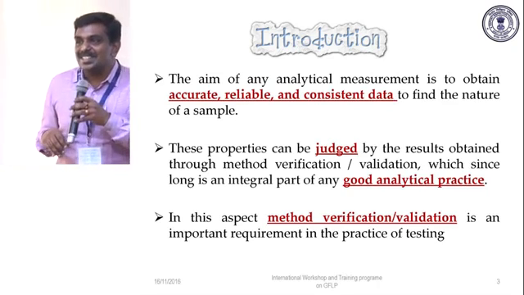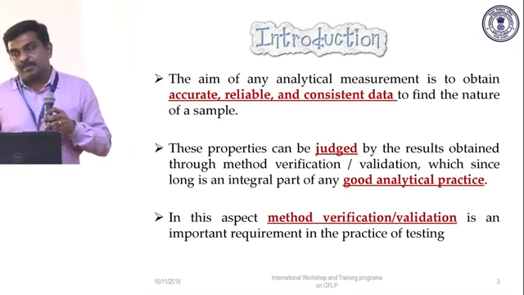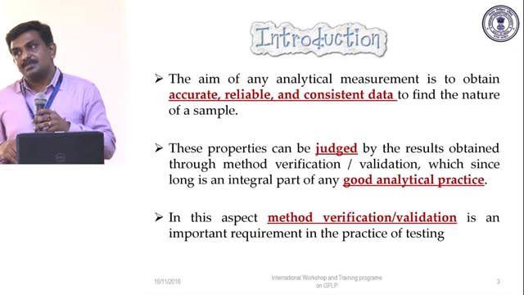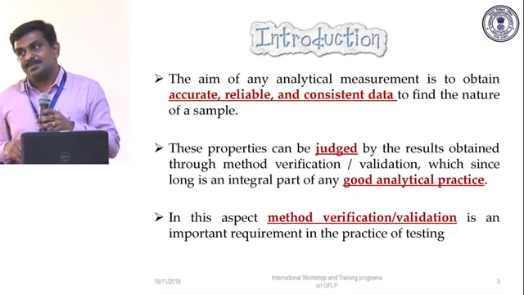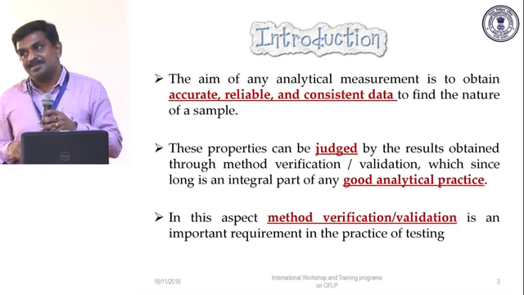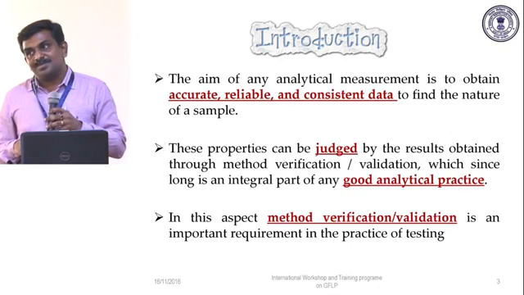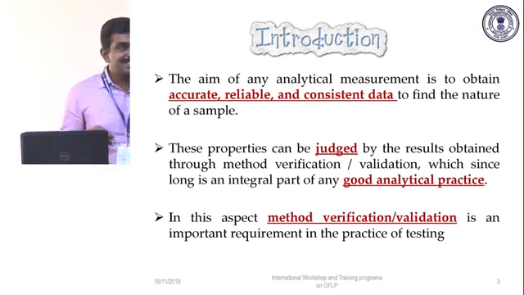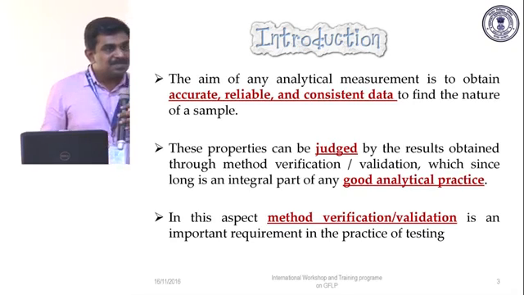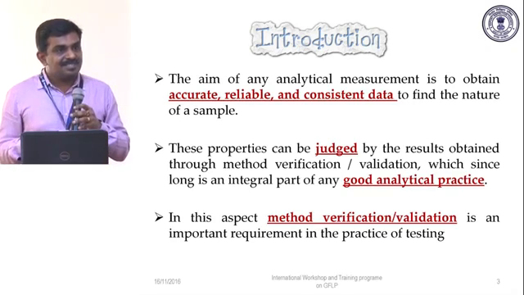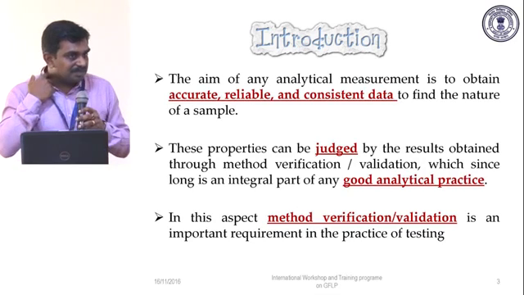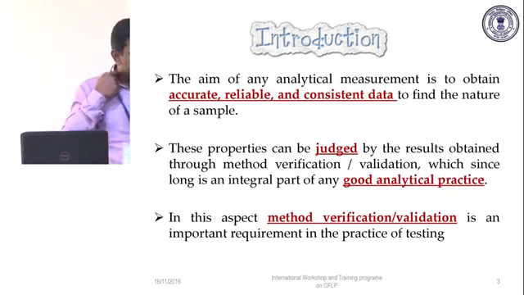When you perform different metrics, we need to check several parameters like specificity, linearity, recovery, ruggedness, robustness. When you consider all these things, it is called validation. And when you are just checking the performance of a method, then it is called verification. Yeah, it's almost that. Validation is the criteria for selection, whether it is fit for the purpose of doing the analysis.